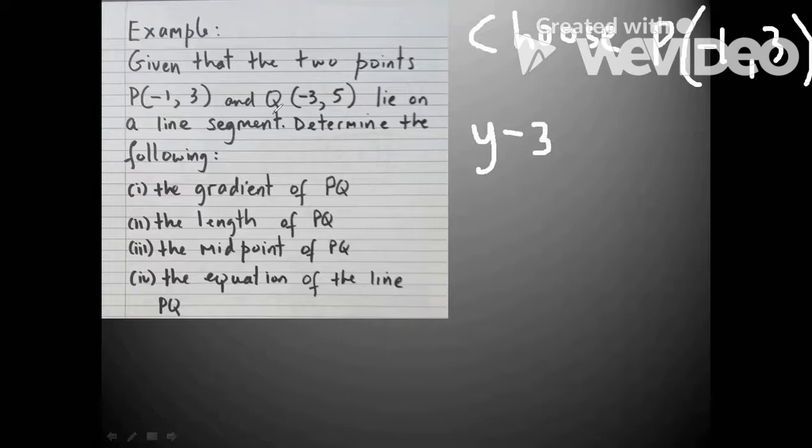If I've chosen Q, it will be Y subtract 5 all over X subtract the x value of the point we choose, which is 1, and put that equal to the gradient. The gradient was negative 1. And what I'm going to do, I'm just going to put a 1 for the denominator, just to make it look like a fraction.